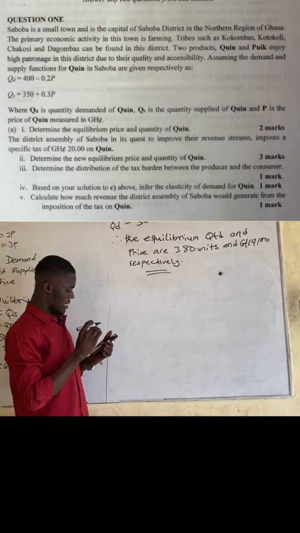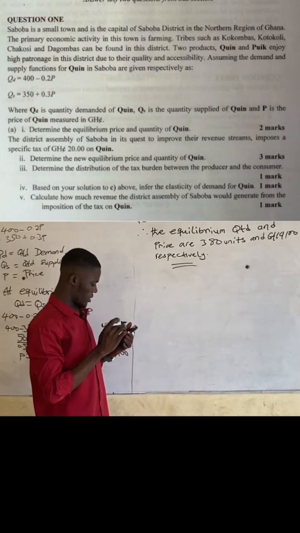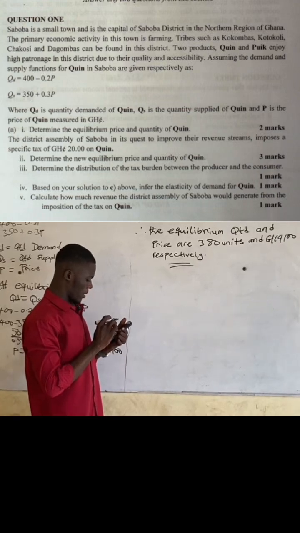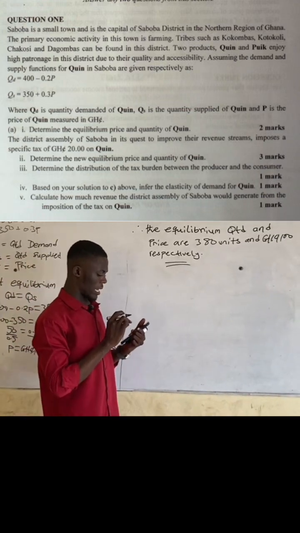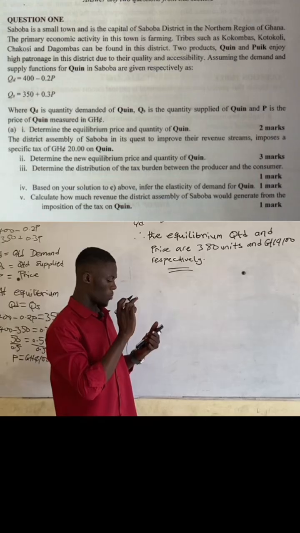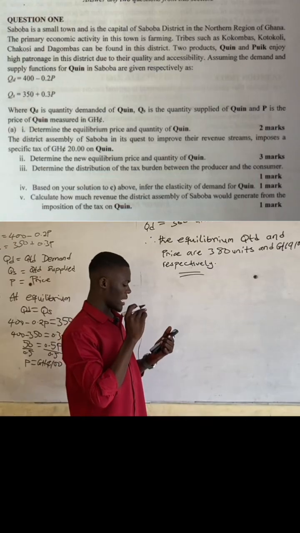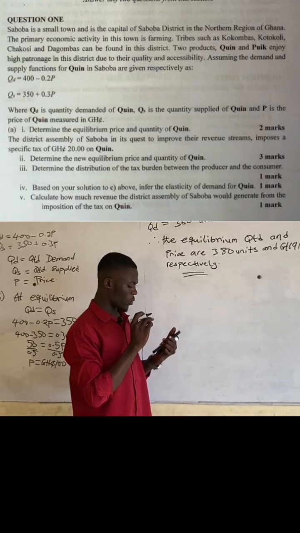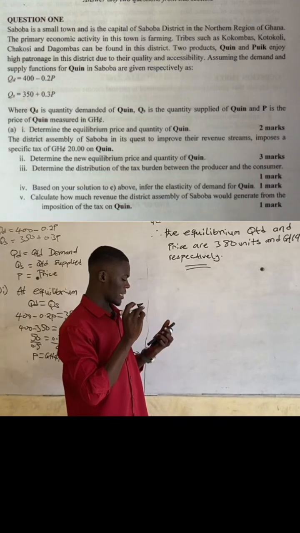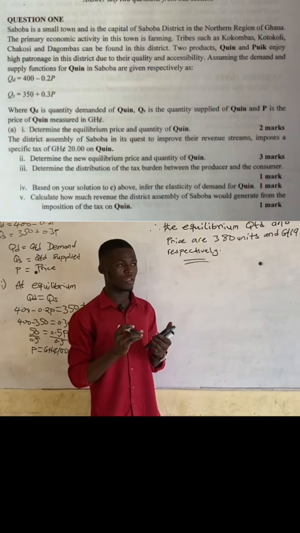It says determine the new equilibrium price and quantity of quinoa. Question A(i) asked us to determine the equilibrium price and quantity, but in (ii) you see something above it which says that the District Assembly of Saboba, in its quest to improve its revenue streams, imposes a specific tax of 20 cedis on quinoa.